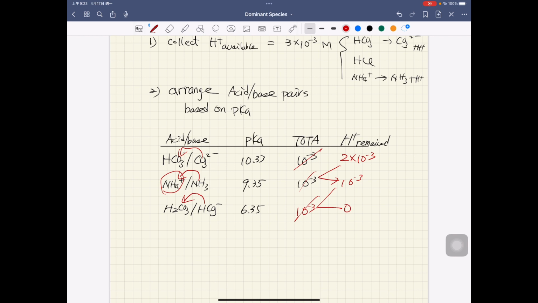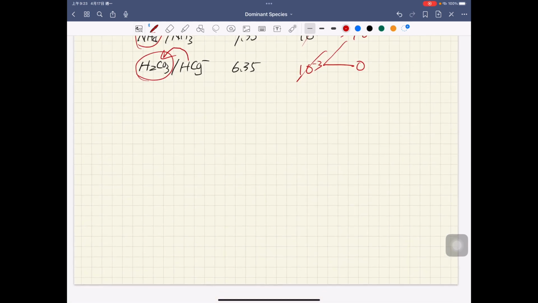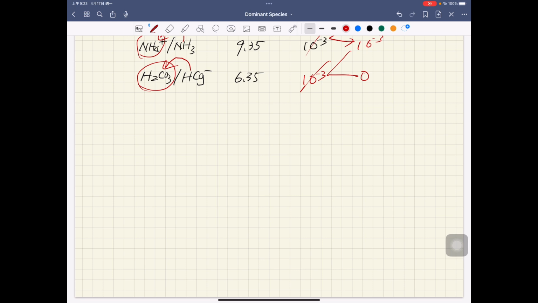So it becomes 0. So I have 2 dominant species identified here, NH4 plus and HCO3 minus.